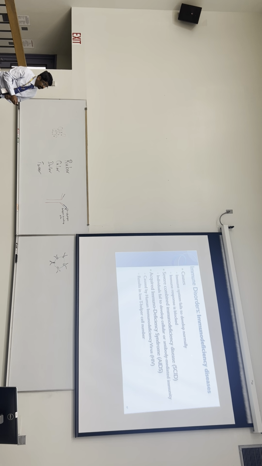Then on the opposite scale is immunodeficiency, right? Here it's also a problem. Here we do not have enough immune response. Okay. Two I'd like us to be aware of. They are both severely bad. One is called severe combined immunodeficiency disease, or SCID.